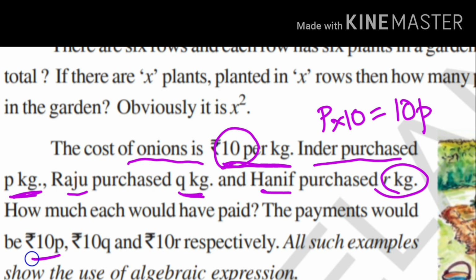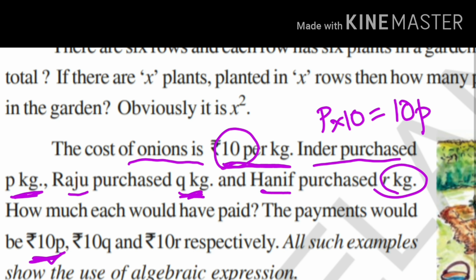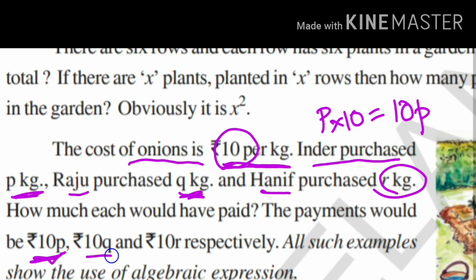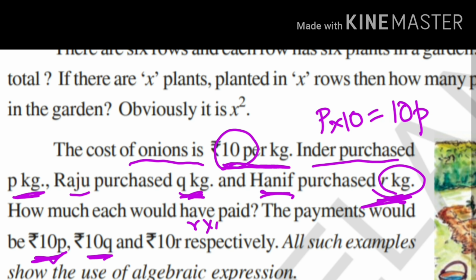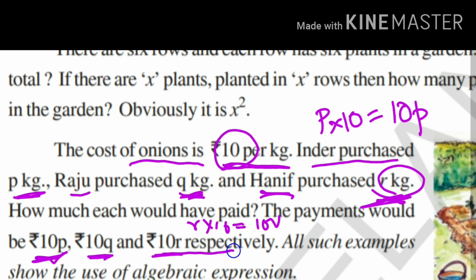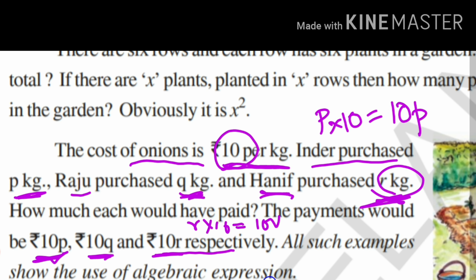Similarly, Raju purchased Q kgs, so he has to pay Q into 10, that is 10q. And Hanif purchased R kgs, hence he has to pay R into 10, that is 10R respectively. All such examples show the use of algebraic expressions in our real life.